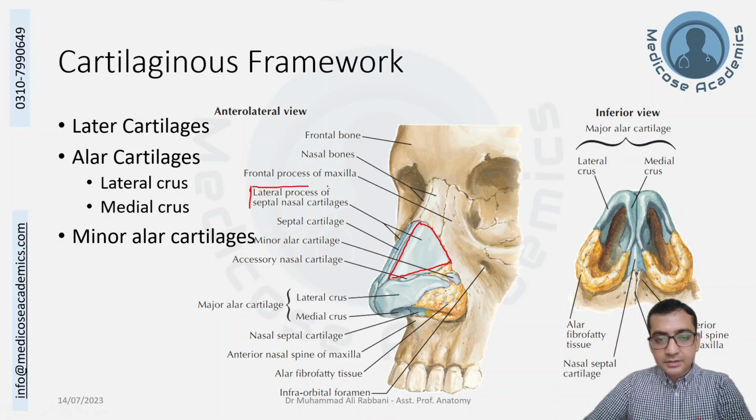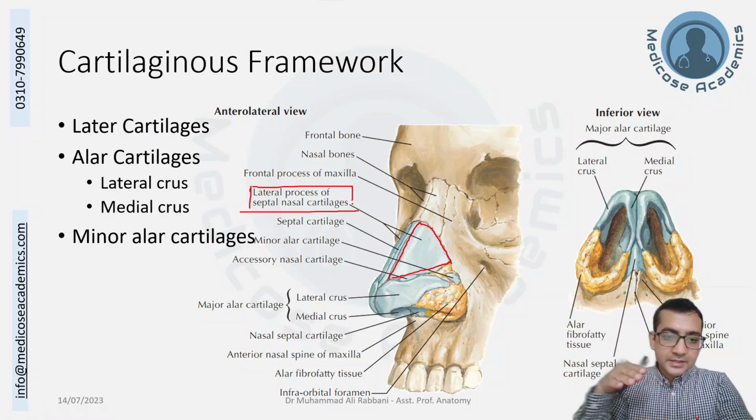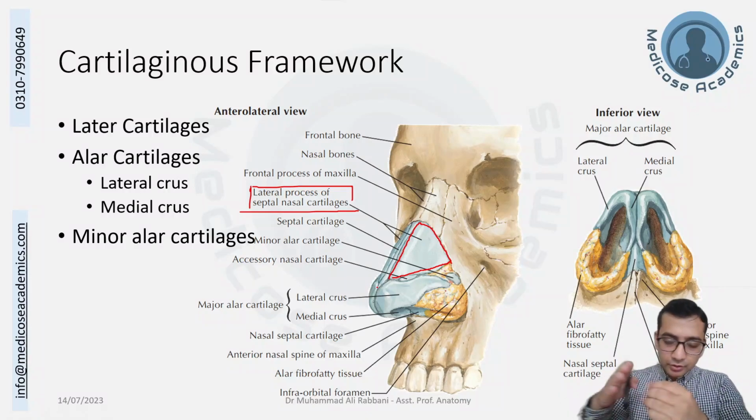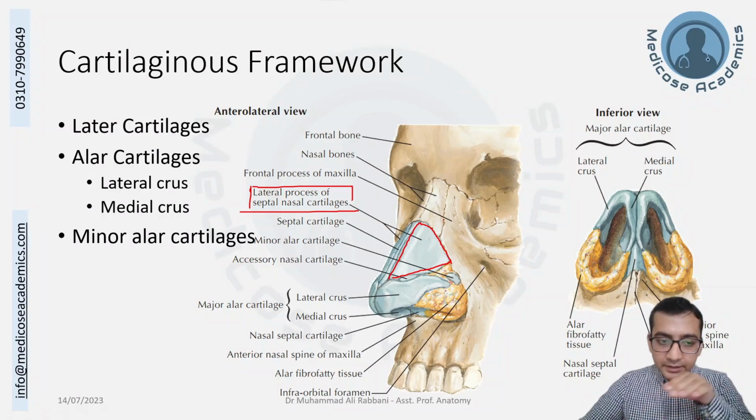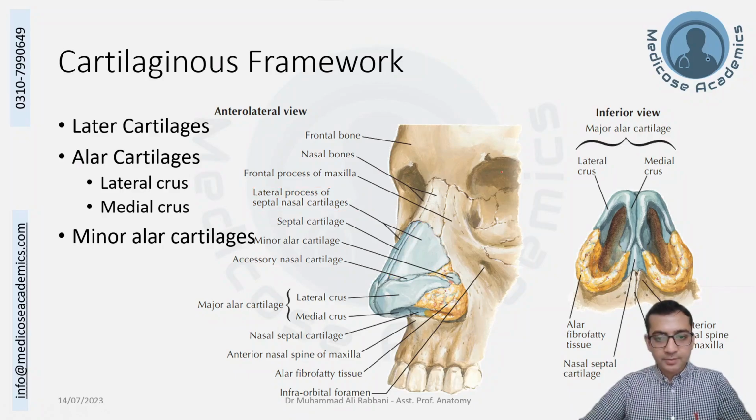Netter has written it as the lateral process of septal cartilage. It is tucked inside the bone above. So this cartilage is going beneath the nasal bones. It is a little like you tuck your shirt inside, it's tucked beneath the nasal bones above.